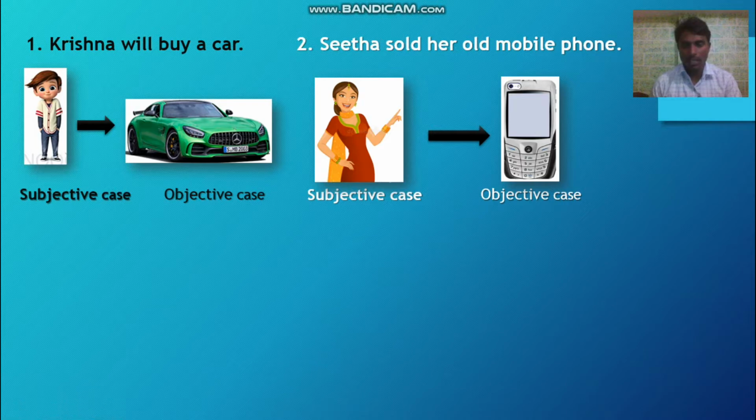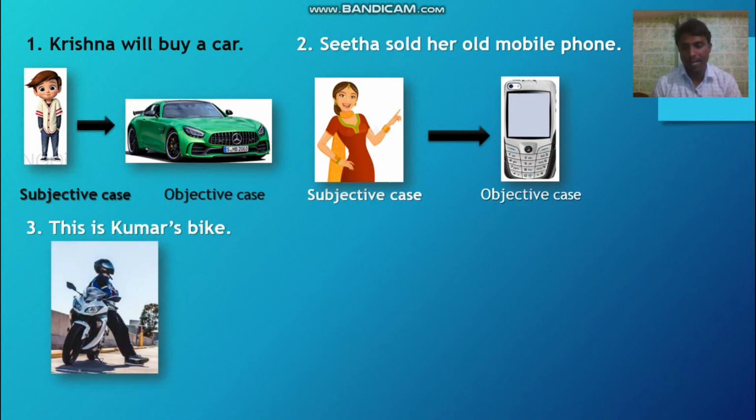And let us see further sentences also, that is, this is Kumar's bike. In this sentence, to get what is in the possessive case, we need to ask a question, that is, whose bike is this? This is Kumar's bike.